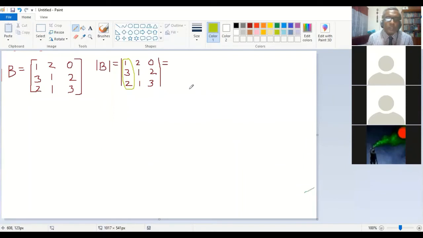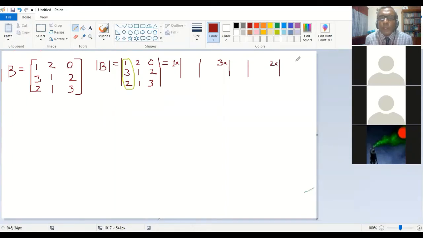Okay, good. So whatever Azharuddin says, we have to do. Okay, so this is the first column, and what are the numbers? 1, 3, 2. So you write 1 and with it a small determinant. I say small because this determinant will have 2 rows, 2 columns. Then another number is 3, and you write 3 into another small determinant, and another number is 2, so you write 2 and then another small determinant.